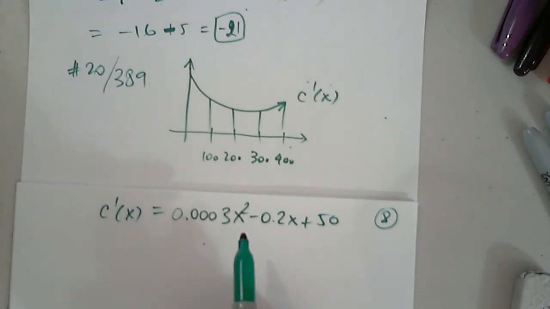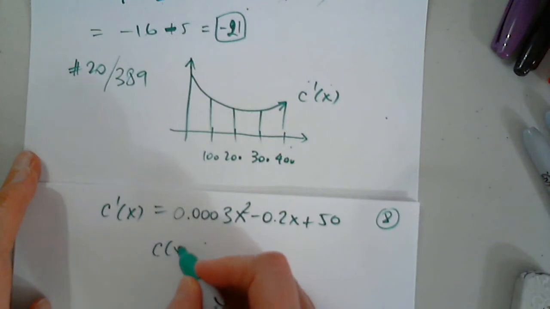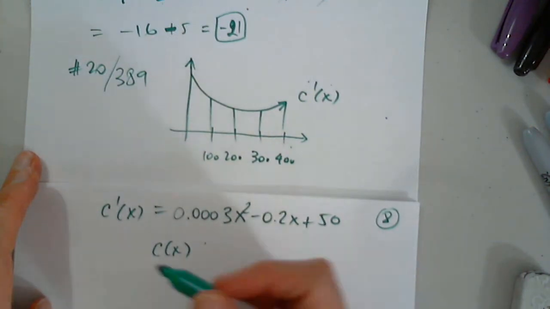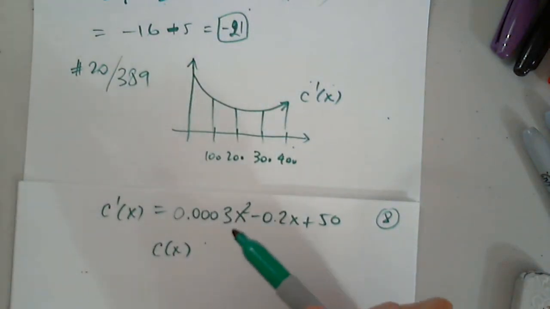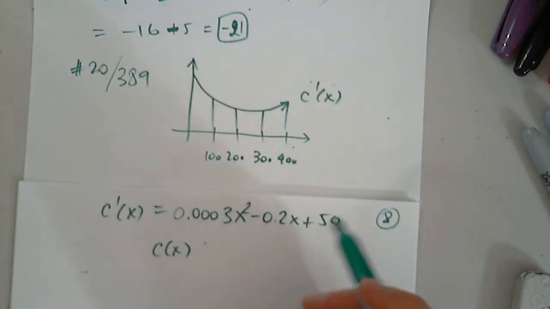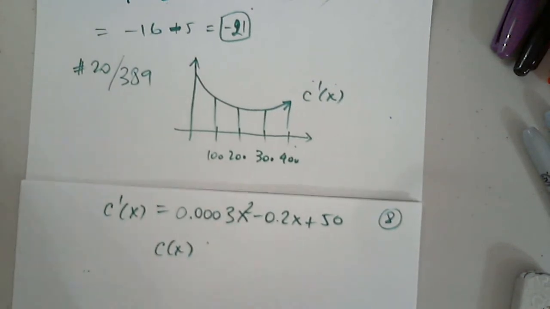When we're asked to determine C of x from C prime, we're going to determine that, but we cannot do it at this moment.